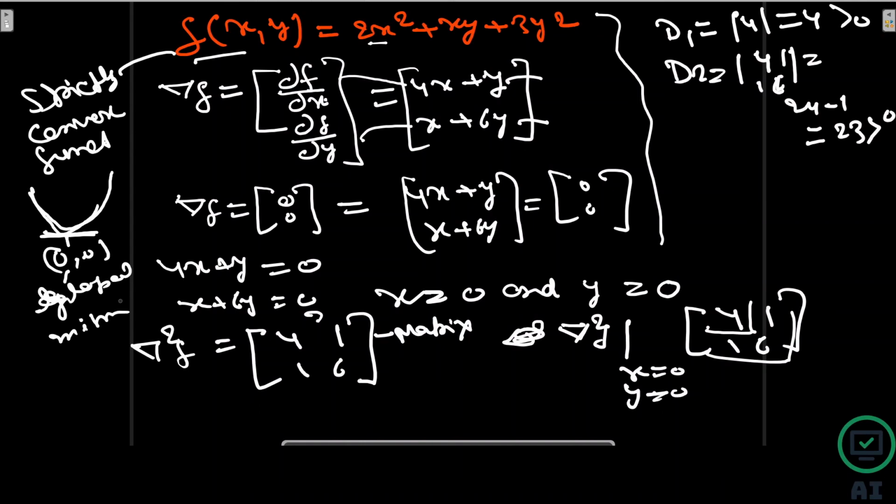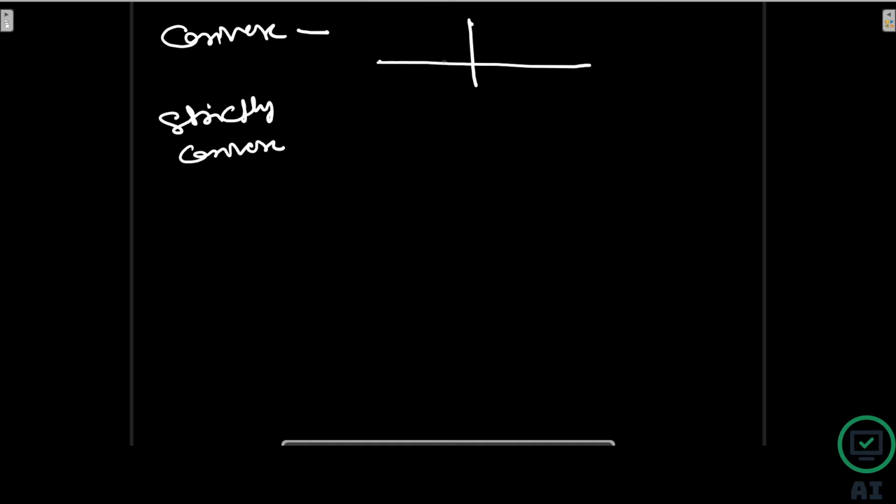Now let's understand the difference between strictly concave and strictly convex. So convex, strictly convex. The convex function is like that. If you take this one, it is going like that, and then this.